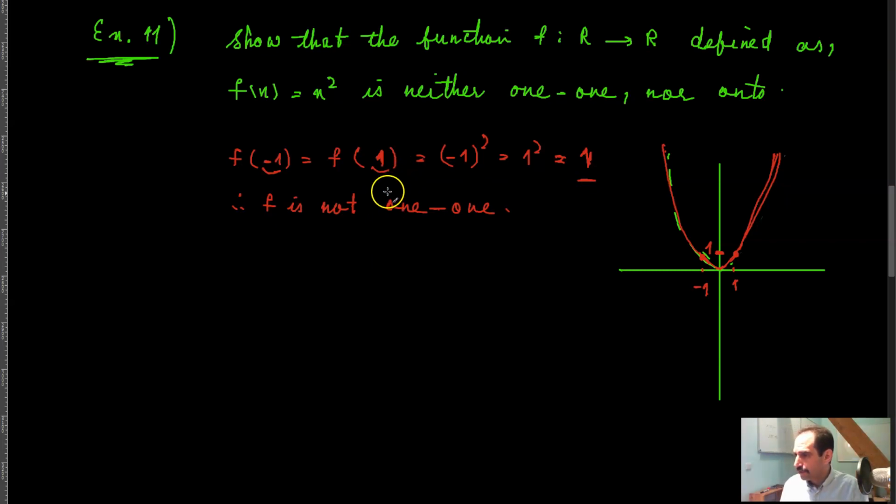Now, secondly, you have, for example, negative 2. The number negative 2 has been given as an example.